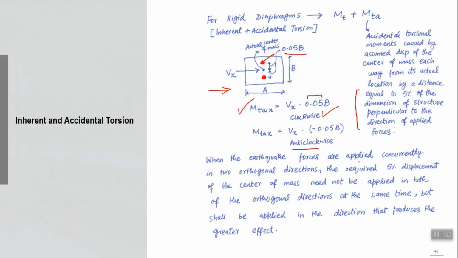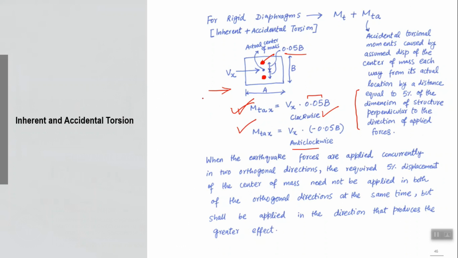When the earthquake forces are applied concurrently in two orthogonal directions, the required 5% displacement of the center of mass need not be applied in both of the directions at the same time, but shall be applied in the direction that produces the greater effect. So it's not that you apply eccentricity in both directions in one case. You make this a separate case of applied loading and this a separate case of applied loading.